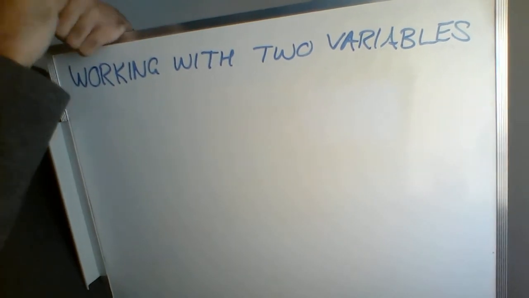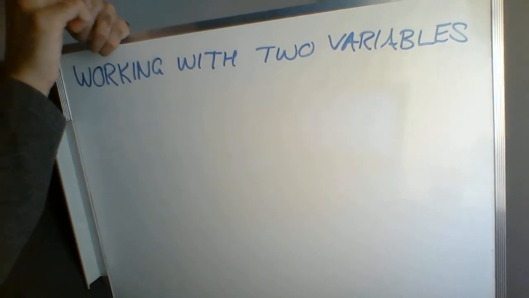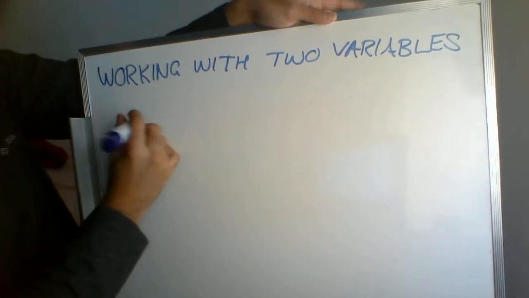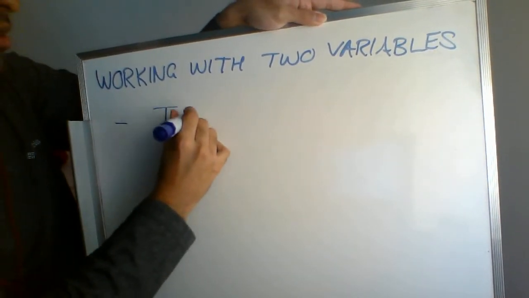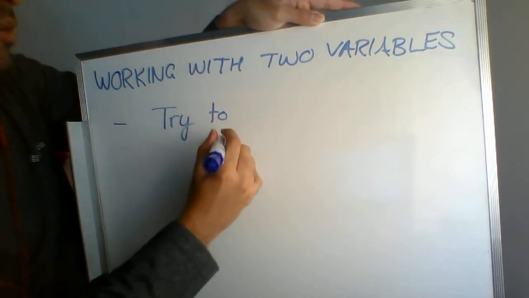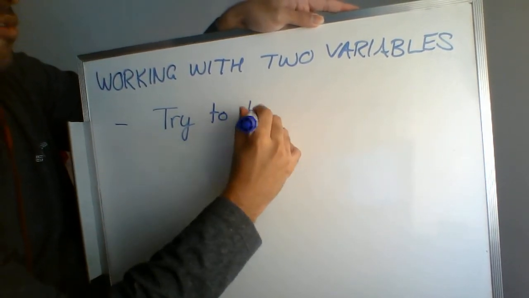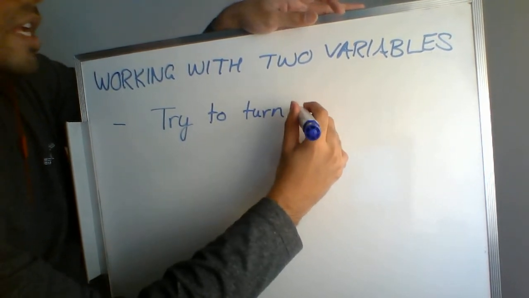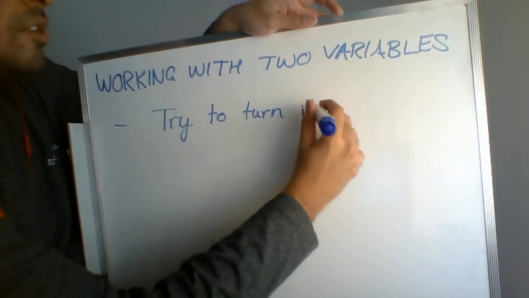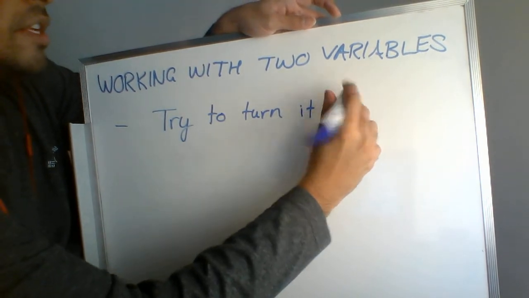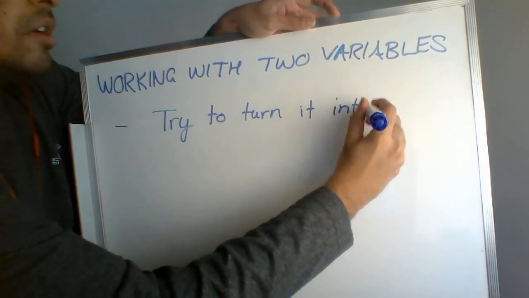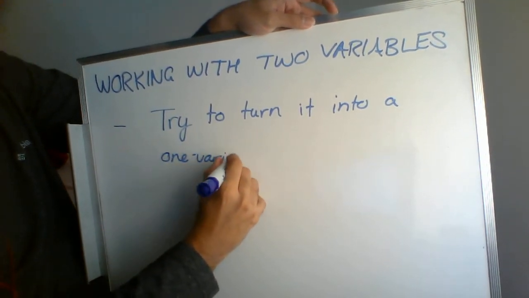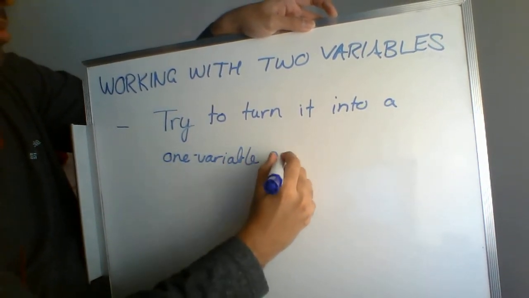So basically the way that you can try and solve this is try to turn it into a one variable problem. Even though in the problems that we've been working on so far it may have looked more beneficial to add in a second variable, in order to actually solve it, it's usually best to try and turn it into a one variable problem.